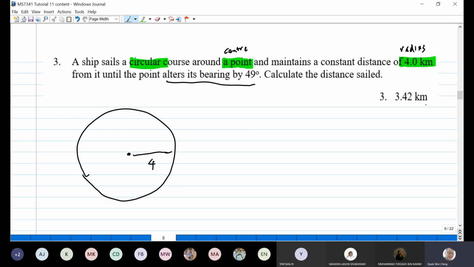And how much has it moved? It moves around the circle until the bearing changes by 49 degrees. It's up to you how to draw it. If you want to draw it from the north, let's say this is north here, the bearing change is 49 degrees. That means as you move around the circle, the bearing does not necessarily have to come from north, but it tells you how much it moves: 49 degrees.